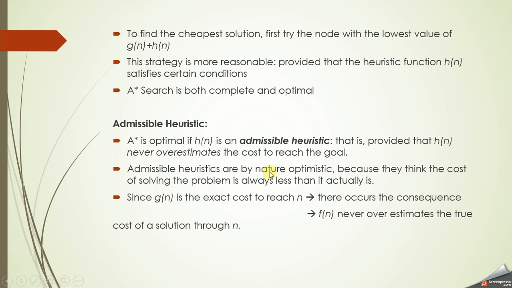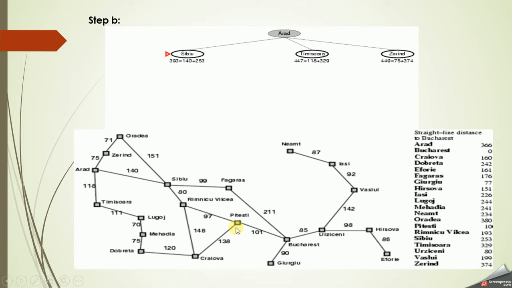Admissible heuristics are by nature optimistic, because they think the cost of solving the problem is always less than it actually is. Since g of n is the exact cost to reach n, the consequence is that f of n never overestimates the true cost of a solution through n. So here they say another point: this g of n also never overestimates the cost of the function.